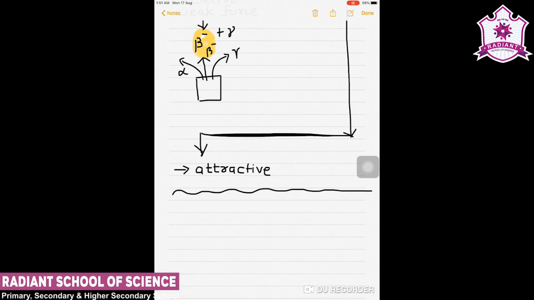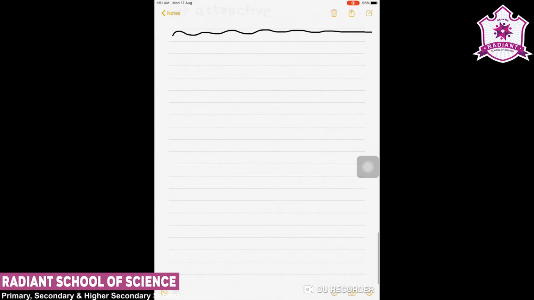Here I will draw a small table, and then I compare between these forces. So first I say the comparison of the power between them.